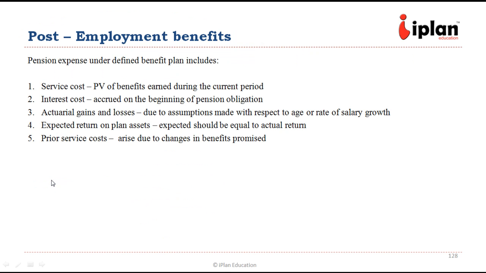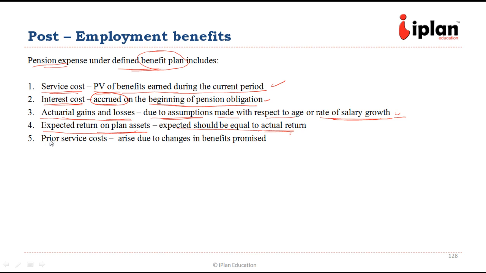The pension expense under defined benefit plans include the service cost, which is the present value of the benefits earned during the current period, the interest cost, which is accrued on the beginning of the pension obligation, then the actuarial gains or losses which may occur due to the assumptions made with respect to the age or rate of salary growth, etc. for the employees, then the expected return on the plan assets, which should be equal to the actual return, and the prior service cost, which may arise due to the changes in the benefits promised to the employees.